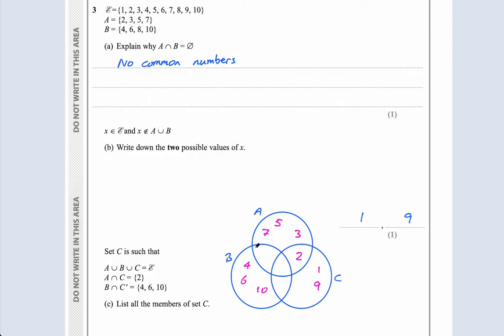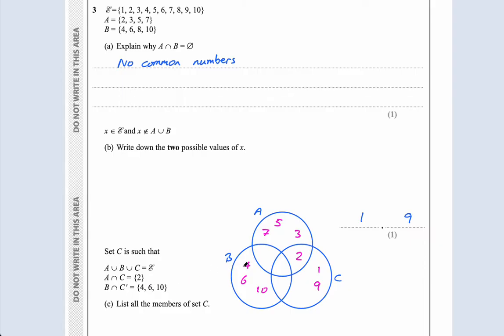B has 4, 6, 10, and 8. So it also has 8. So where am I going to put 8? Well, I could put 8 here. But let me just think about this.